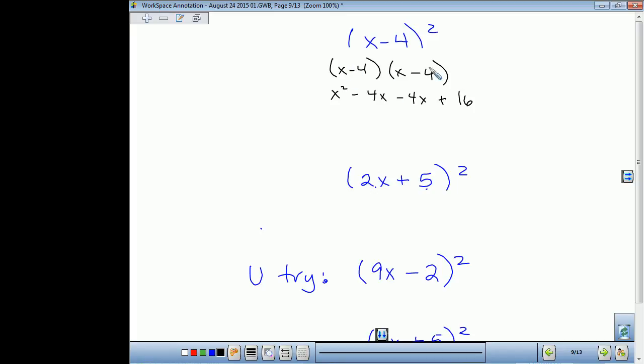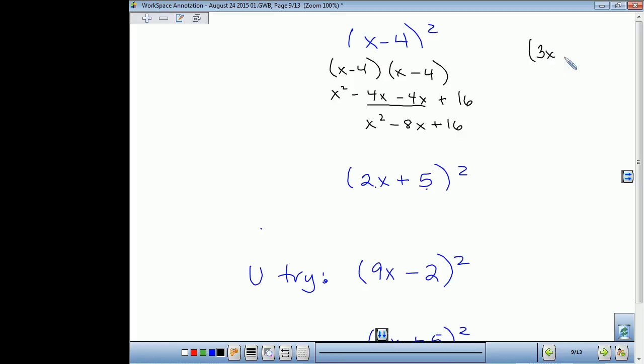Every time I take something and rewrite it twice, aren't these going to match? So it ends up being double the product of these two. Isn't negative 4 times x negative 4x? If I doubled that, do I get negative 8x? Yeah. And it's going to work no matter what I started with.